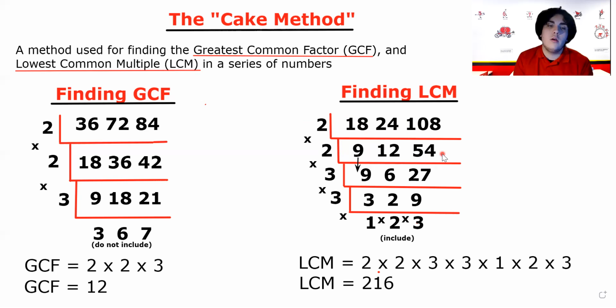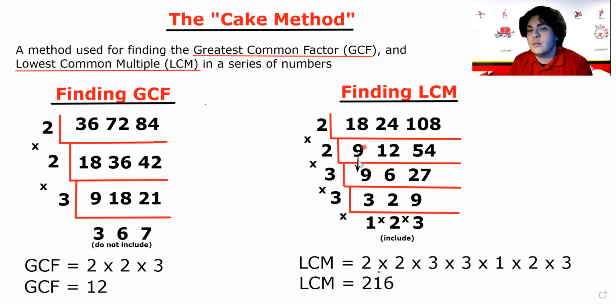Now the difference with lowest common multiple is that the common factor does not have to be between all three of the numbers. If necessary, it can be between only 2 of the numbers. In this case, there is a common factor of 2 between 12 and 54, but not with 9 because 9 is not an even number.